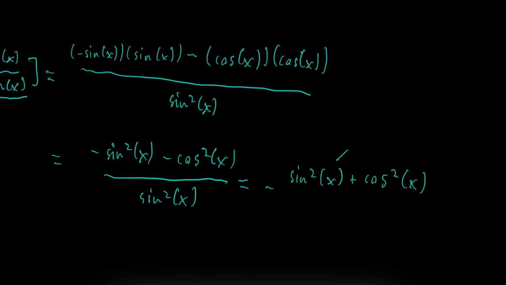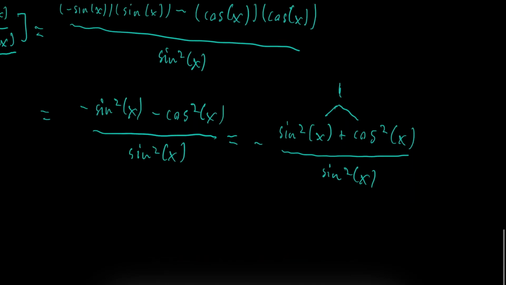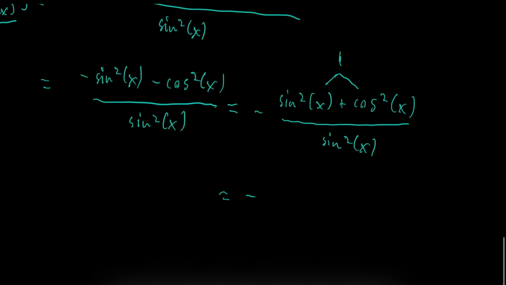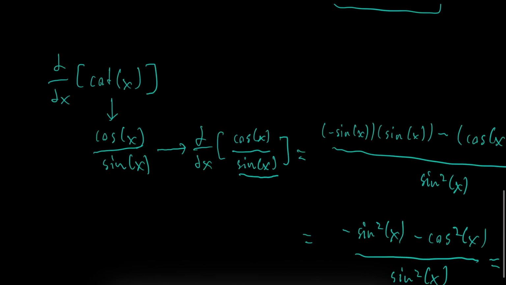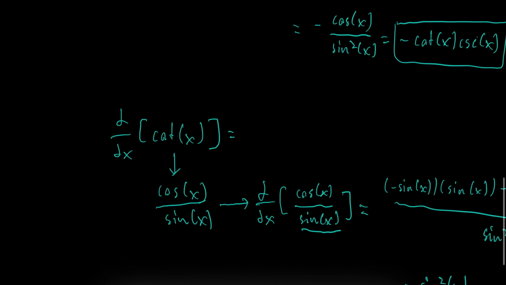And this is going to be equal to 1, right? Pythagorean identity, right? All of this over sine squared of x, okay? Which is equal to 1 over sine squared of x, which is also equal to negative cosecant squared of x. Yeah, that's the derivative of cotangent, negative cosecant squared of x.